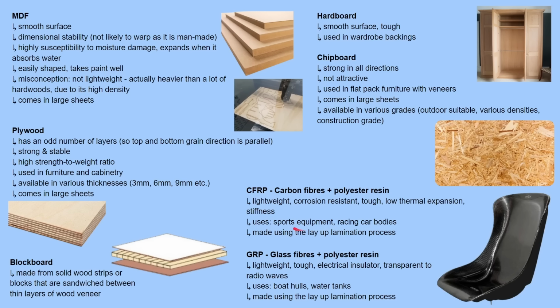It's used in sports equipment, and it's made using the layup lamination process. So that's where you have sheets, or matting as it's called, of carbon fiber. It's pressed into a mold, and then resin is poured on top to fill the spaces. And when the resin cures, this combination of having the fibers along with the resin, almost like papier-mâché, is what gives it that hard shell-like structure.